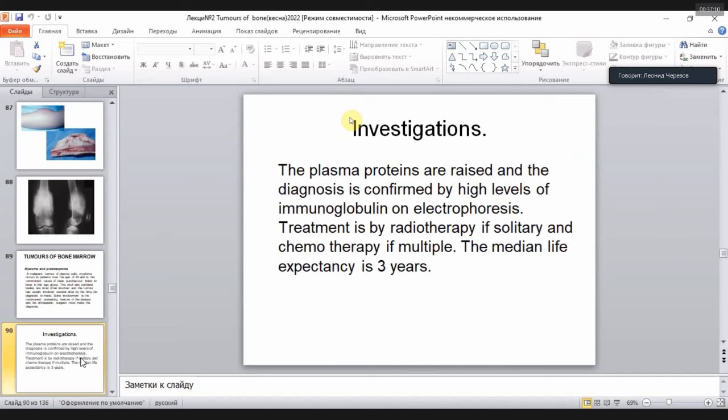Treatment is by radiotherapy if solitary and chemotherapy if multiple. The median life expectancy is 3 years.